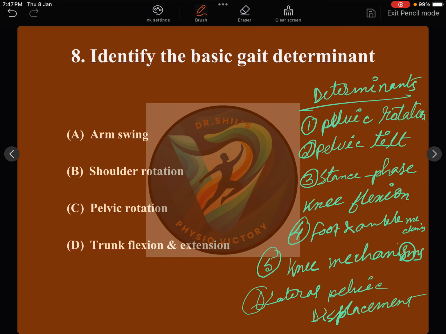Here the correct answer is pelvic rotation.